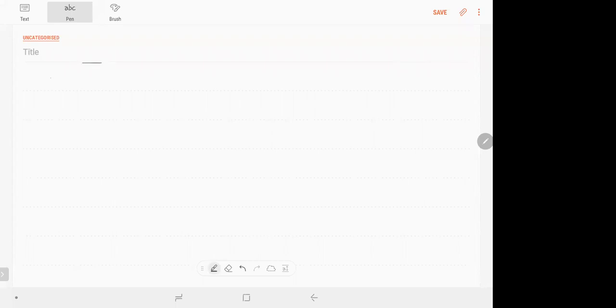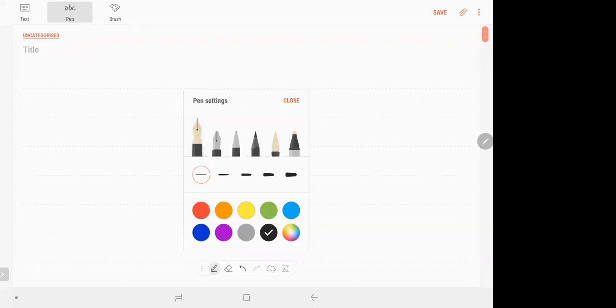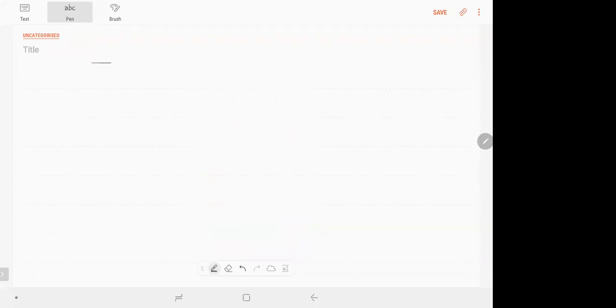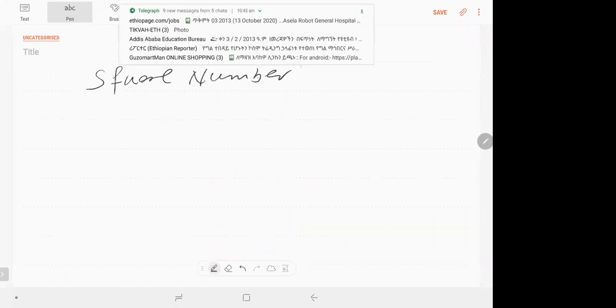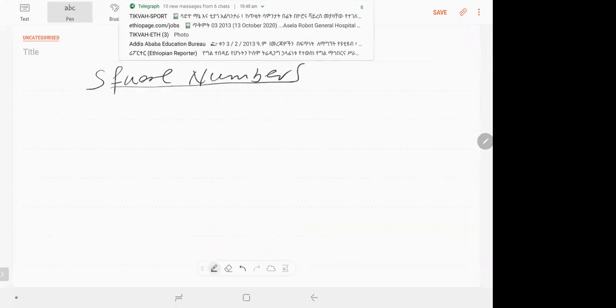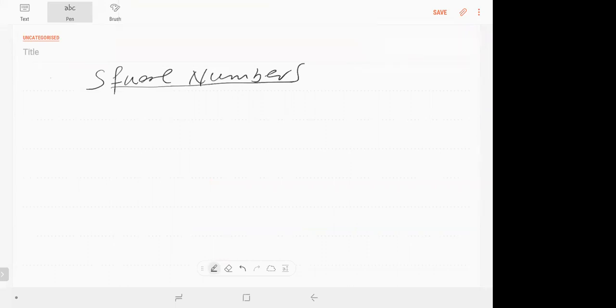First, the topic that we discussed was square numbers. Before we define square numbers, last time we defined powers as an introduction.